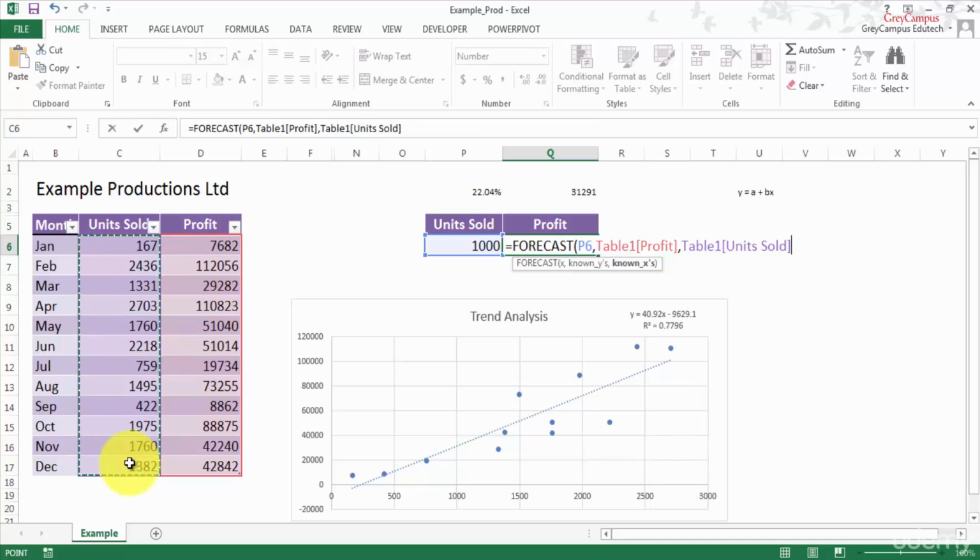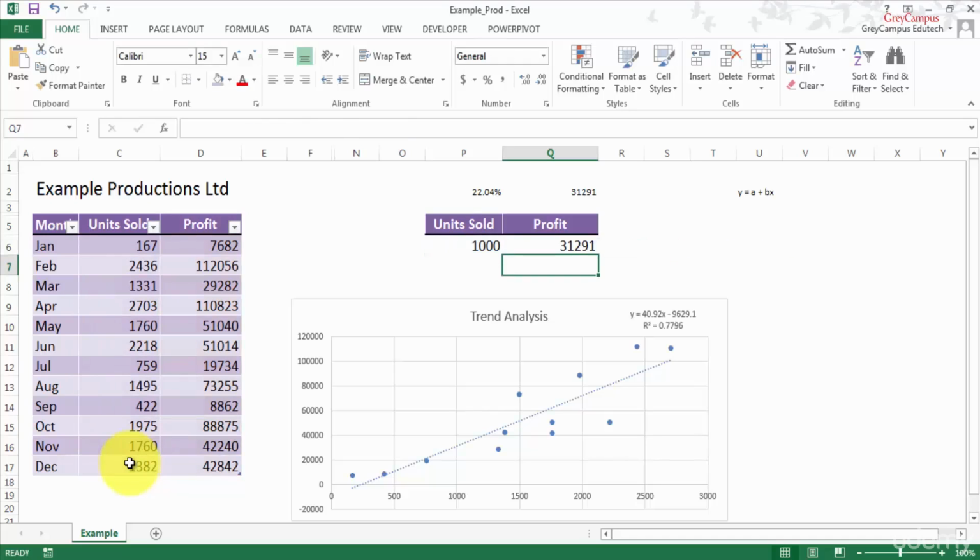These are the three parameters I am providing to this forecast function. The moment I close my bracket and press enter, I see the same number flashing over here. This confirms that the regression used to get this forecasting value is actually linear regression.